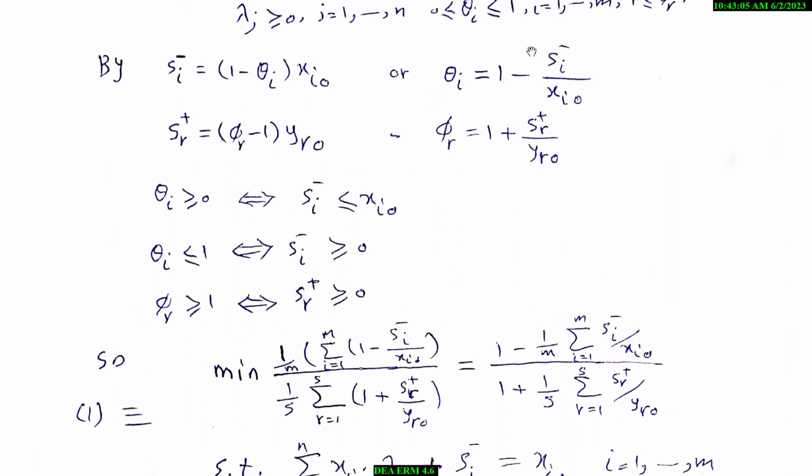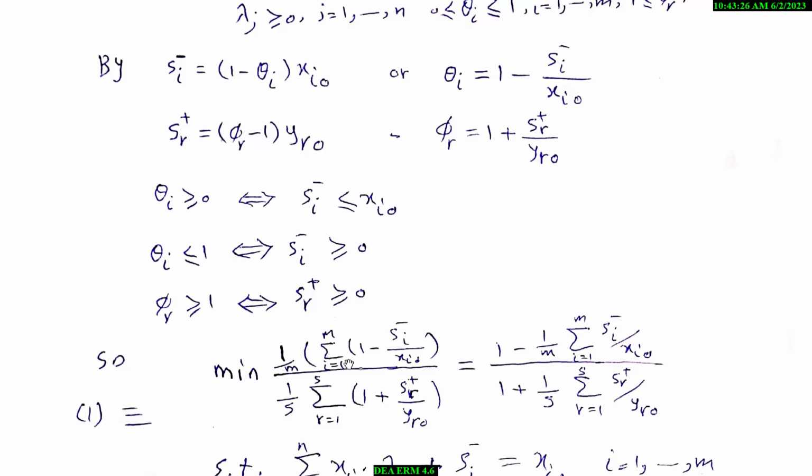We change the variable, put instead of theta i its equivalent and phi r its equivalent value in the objective function, so the objective function is minimizing 1 over m by summation of 1 minus si minus over xio.